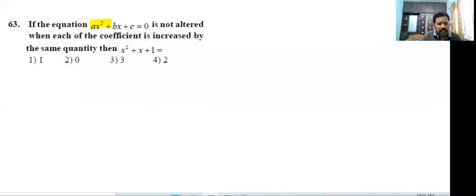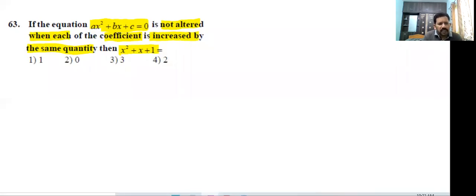If the equation ax square plus bx plus c is equal to 0 is not altered when each of the coefficients is increased by the same quantity, then what is x square plus x plus 1 equal to?